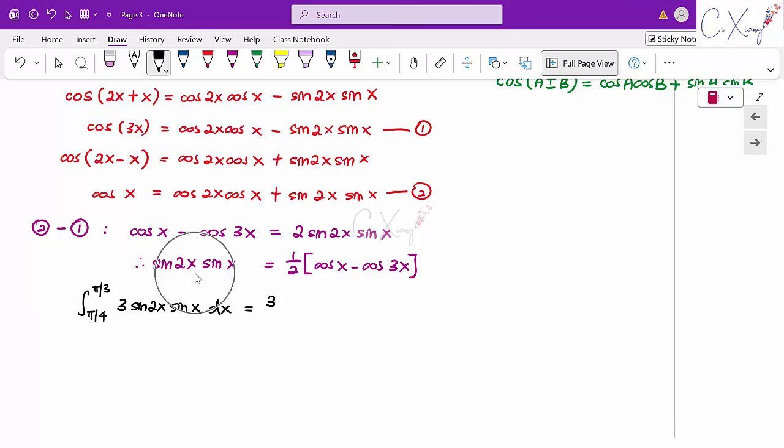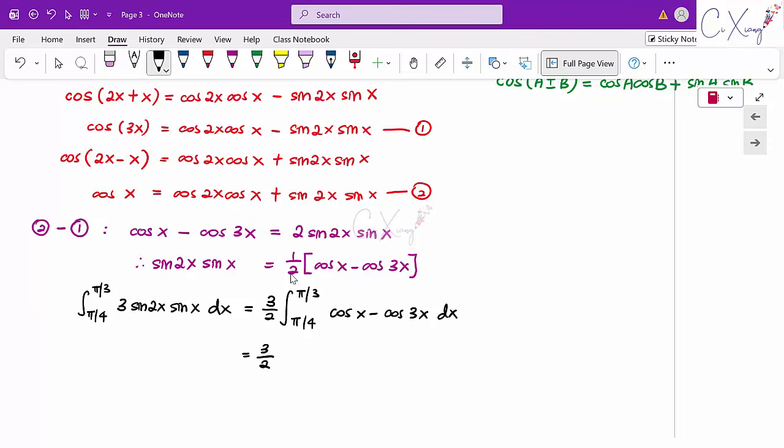I want to replace sine 2x sine x by using this one, right? So I'm having the half also, which is a constant. I also take it out. And basically, I'm just having only cos x minus cos 3x. All right. Okay, then I can start the integration because all these terms I can integrate directly.